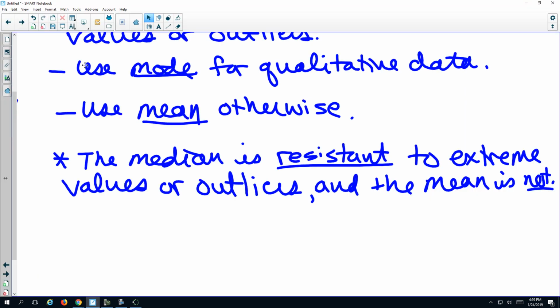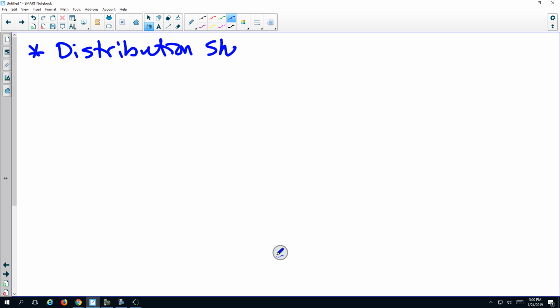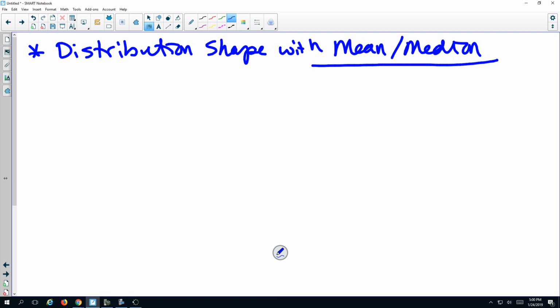So I want to write all that down. Let's call this distribution shapes with mean and median.